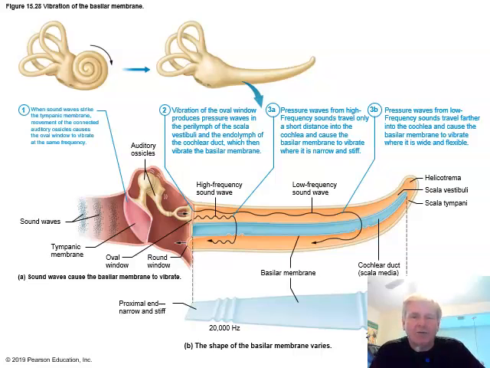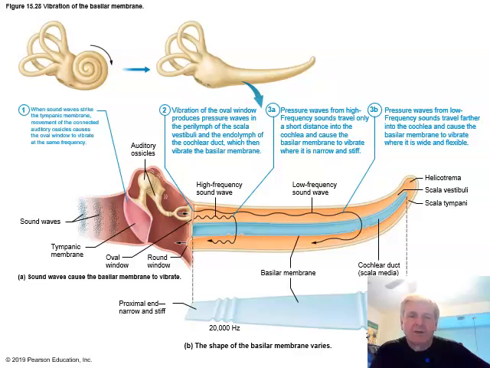Pressure waves from high frequency sound waves will travel only a short distance into the cochlea, and they cause the basilar membrane to vibrate where it is narrow and stiff. But as the cochlea extends toward the middle, the basilar membrane becomes much more flexible.